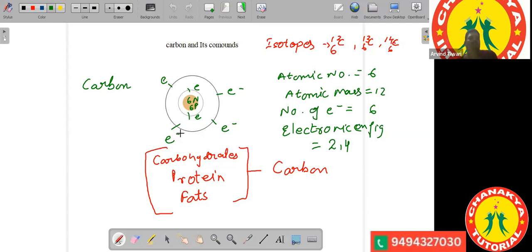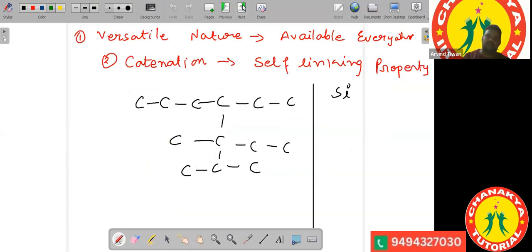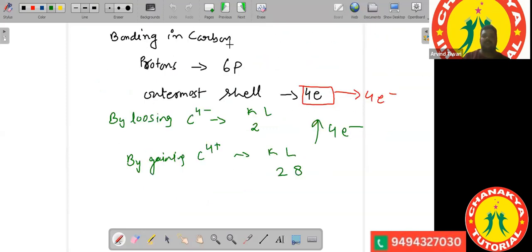Hence it will be difficult to remove electrons from the outermost shell. So carbon cannot lose 4 electrons. This first step is not possible.